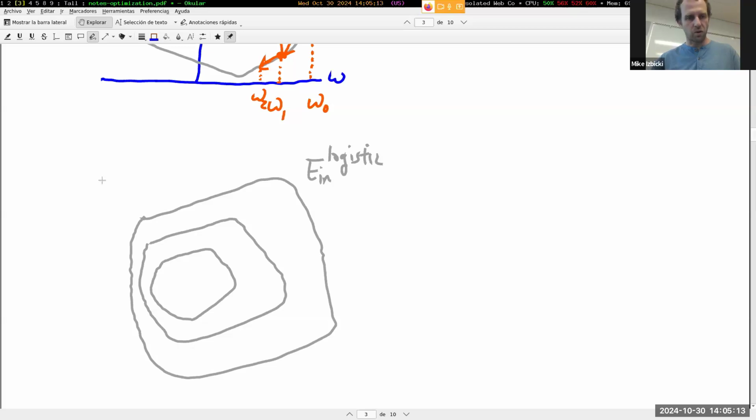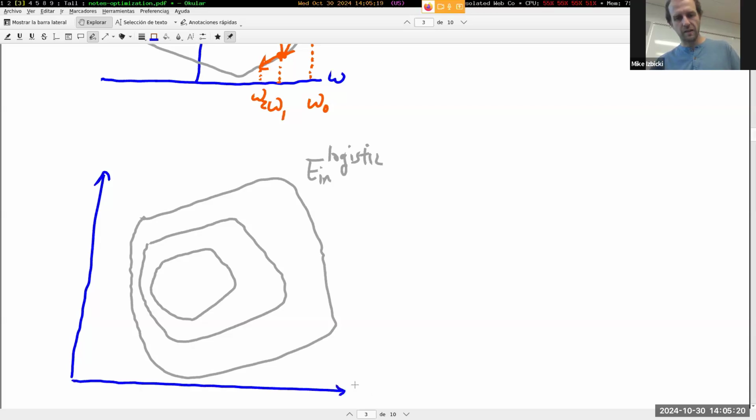Maybe I said I won't draw axes, but I will actually draw axes down here. The location of the axes doesn't matter, but the important thing is that we're visualizing the W values as our axes, so this is a two-dimensional problem now. These are contour lines of our E_in function right here.